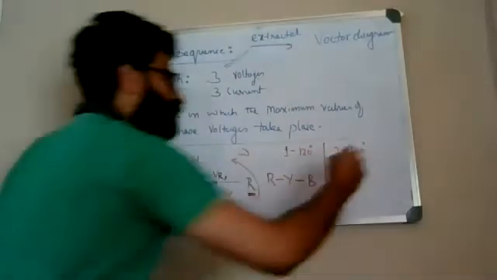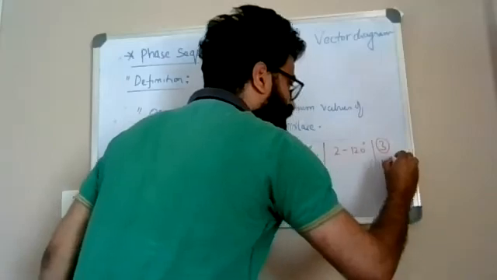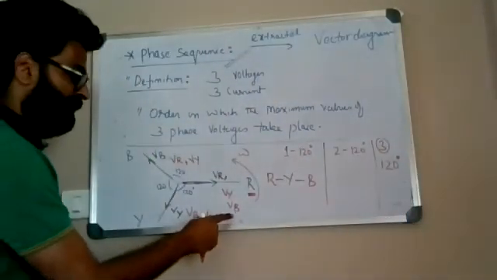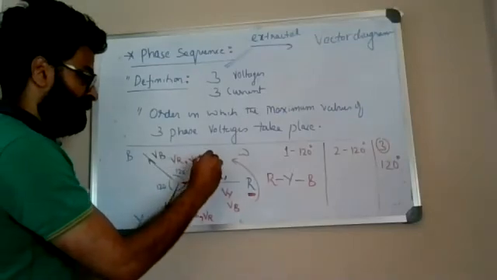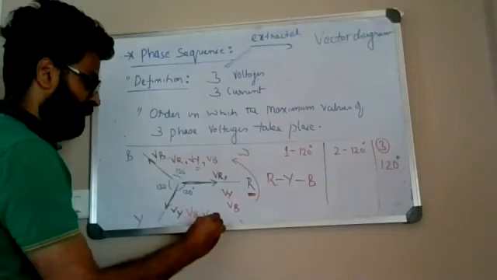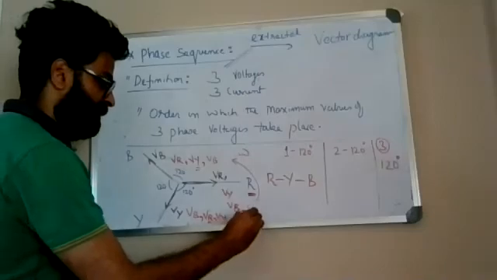Okay. And if you give third rotation, that is, if you rotate the vector further by an angle of 120 degree, what will happen? This B will come and sit here, and this Y will come and sit here, and this R will come and sit here.